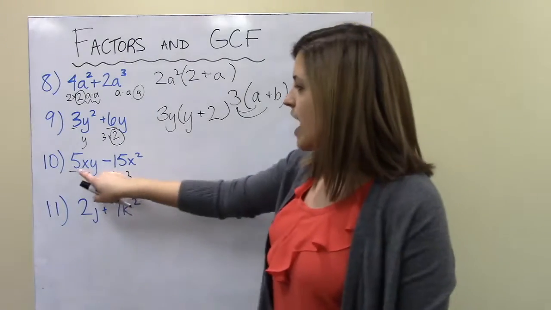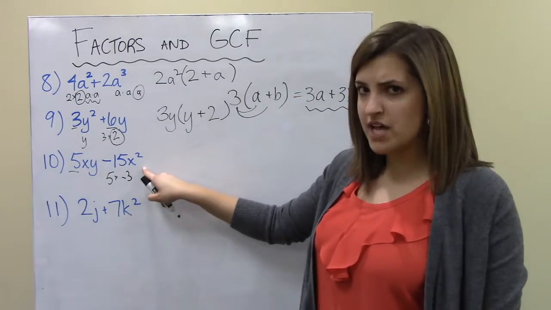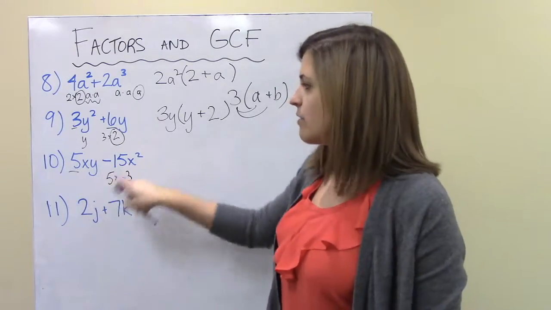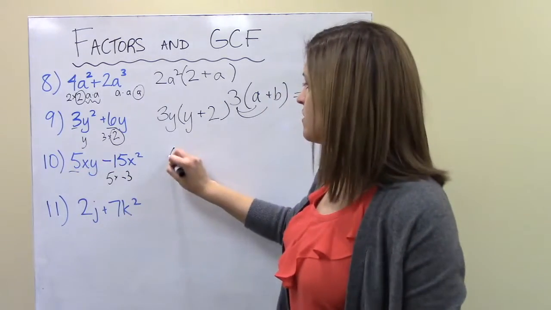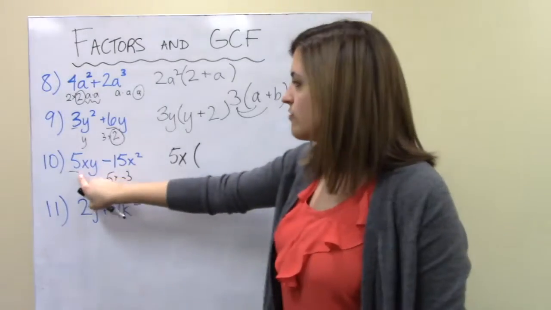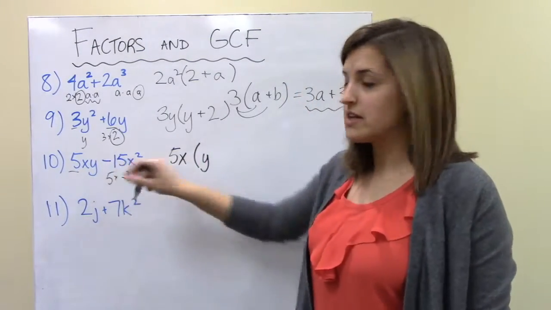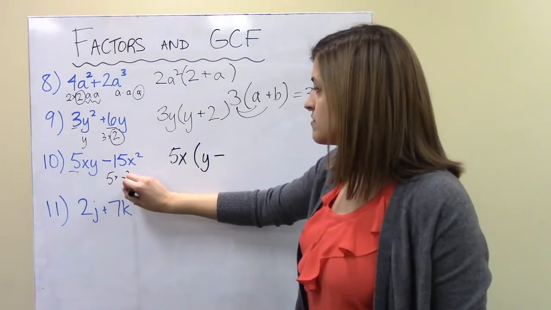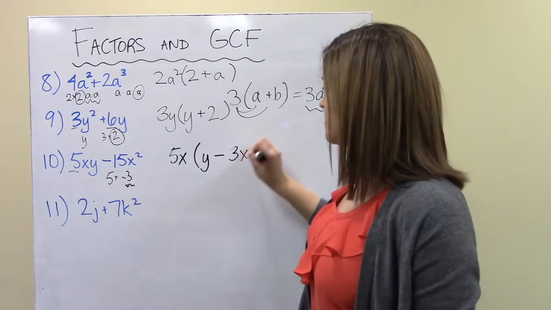I also have x times y, and then I have x times x. That's x squared, right? So the only thing I can pull out is an x. So I'm going to pull out a 5 and an x. And what I'm left with over here is a y, and I got to keep that minus in there. So y minus 3. So I got a 3, and that x to make it x squared.